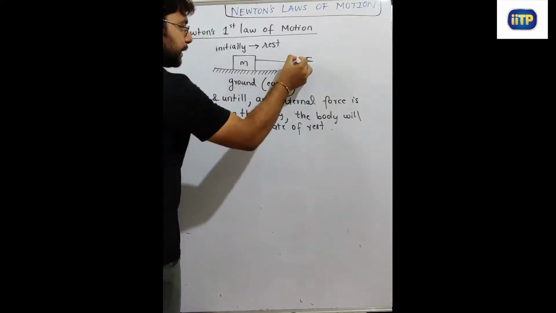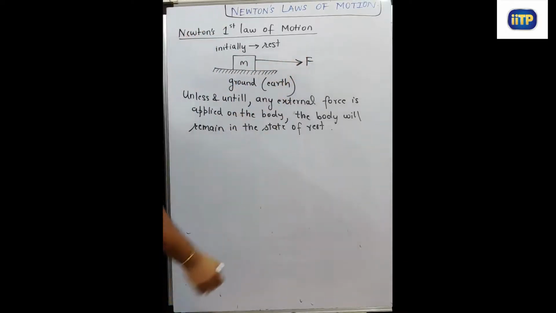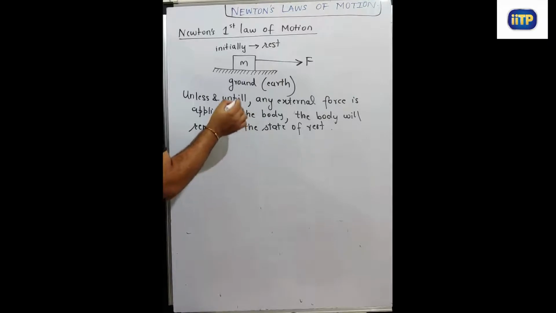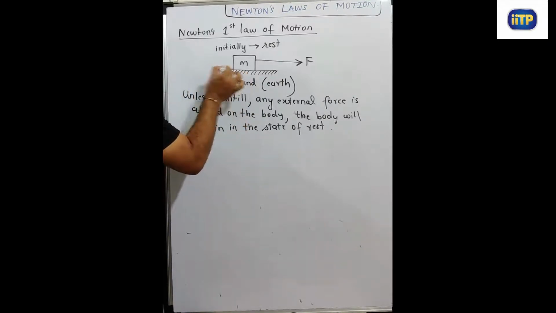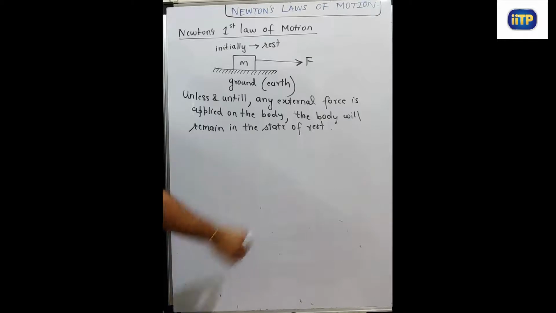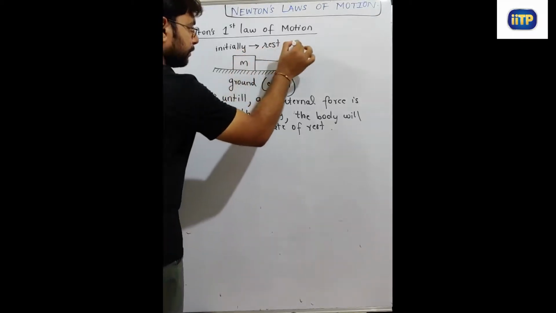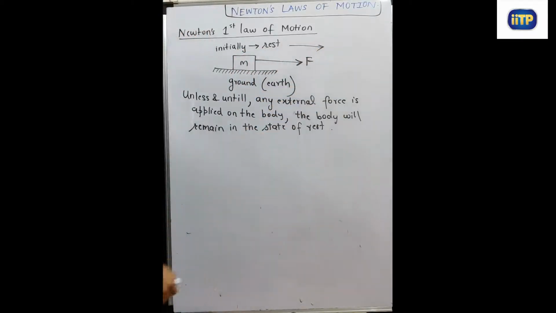Whenever you apply the external force, and if that external force is huge enough to overcome the friction between the ground and the body, the body can move in the right hand side direction.